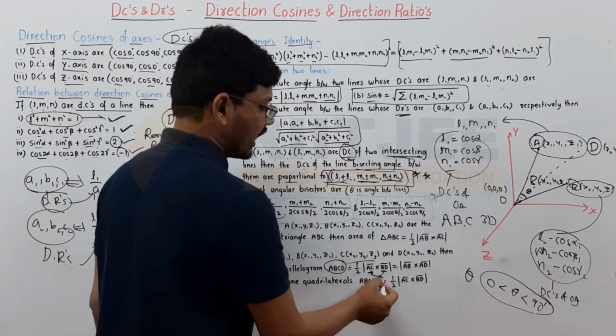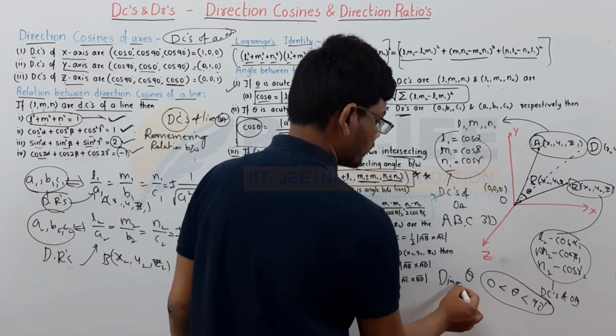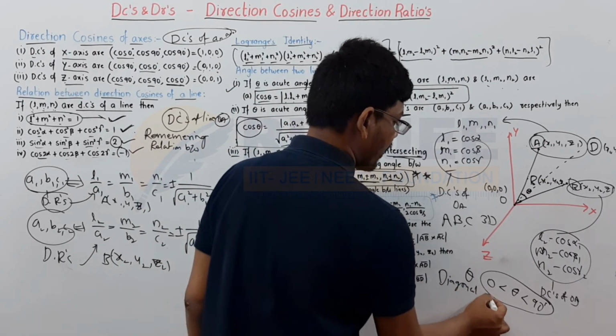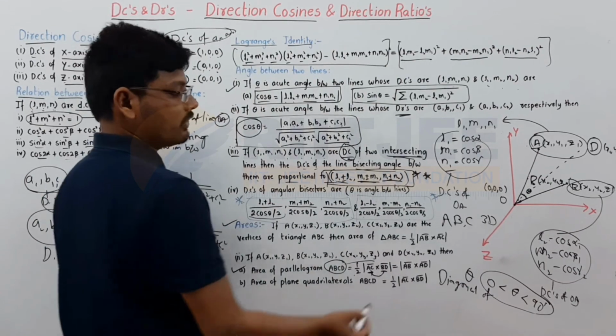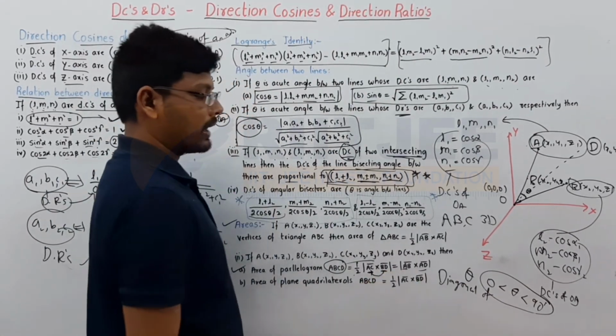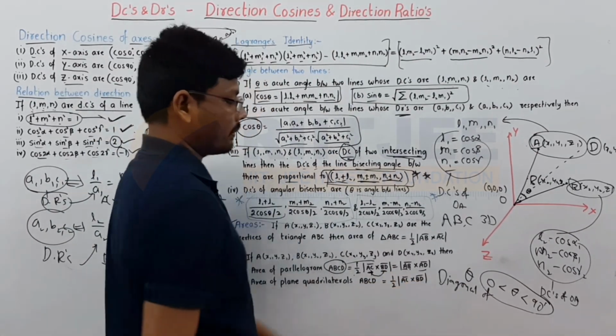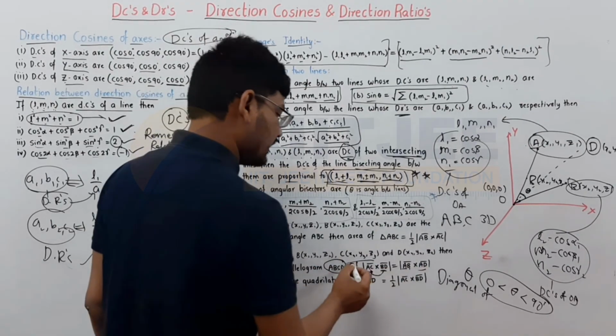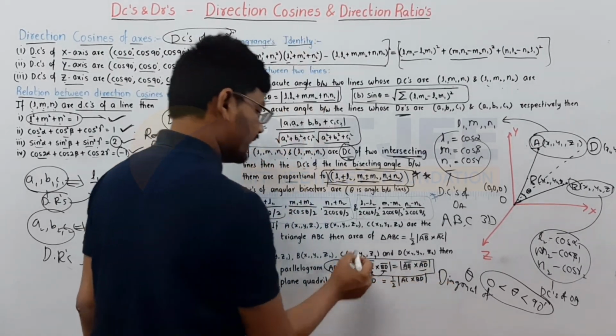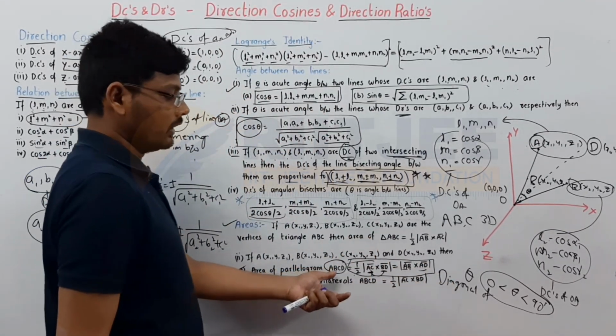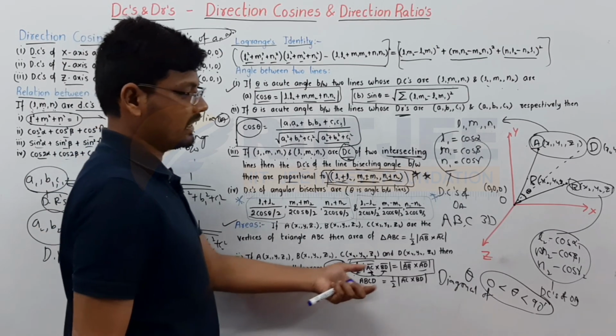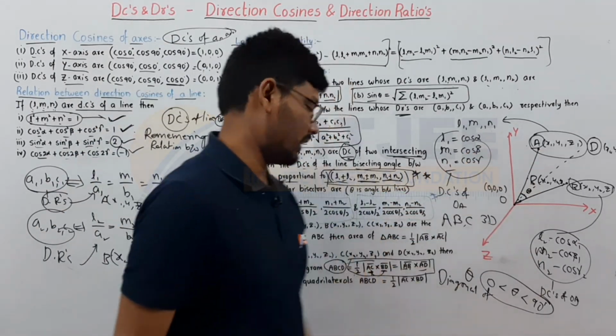AC and BD are diagonals of the parallelogram. Otherwise we can multiply the sides of the parallelogram, AB into AD. In both cases we will get the area of the parallelogram framed by four points A, B, C, D in a 3D coordinate system here.